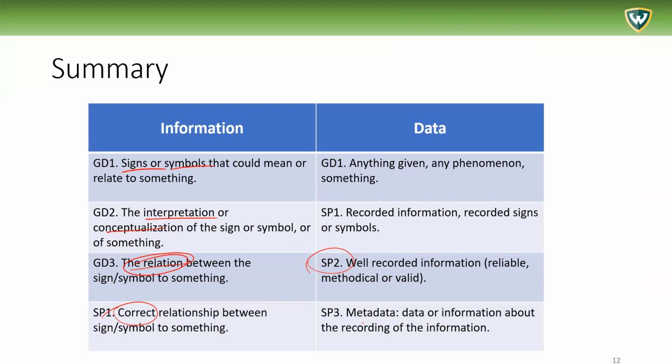And then, of course, we have a last definition here, metadata, which is data or information about the recording of the information. Okay, I hope this clarifies some of these notions for us, and we'll see you next time.